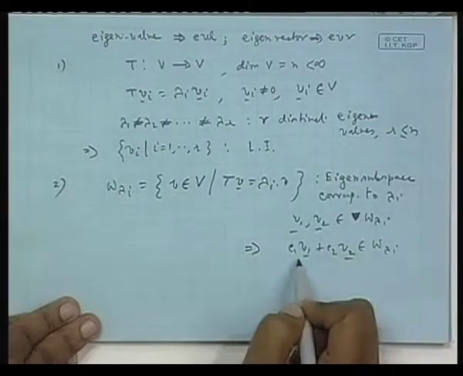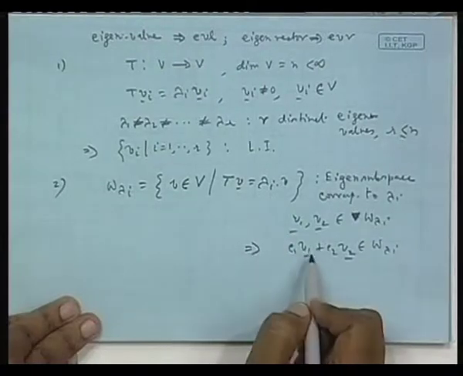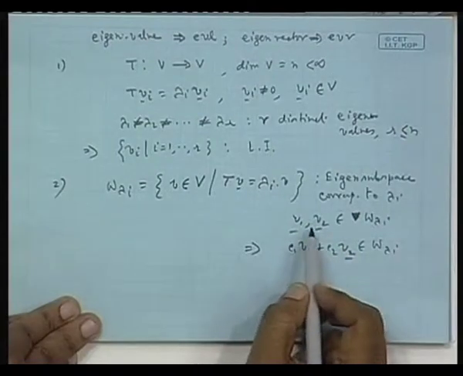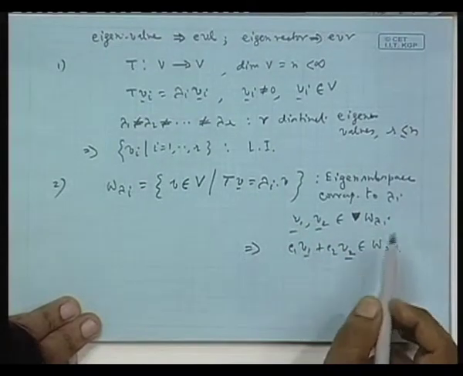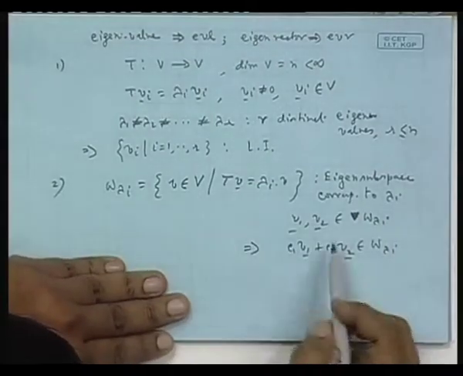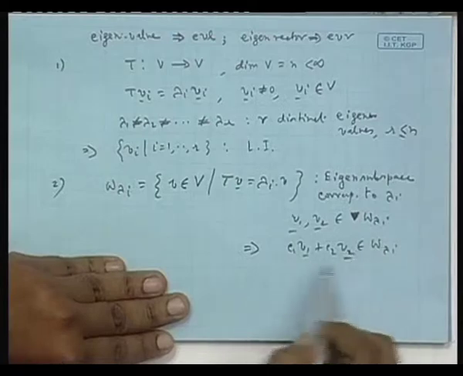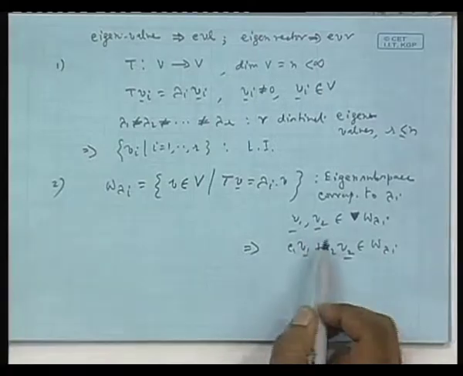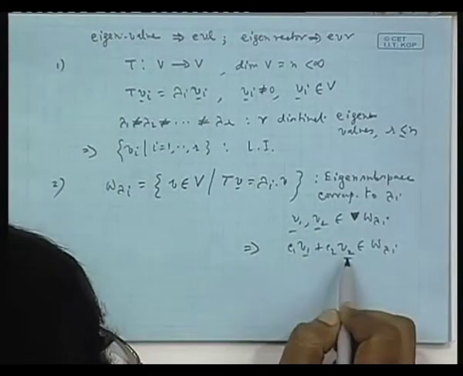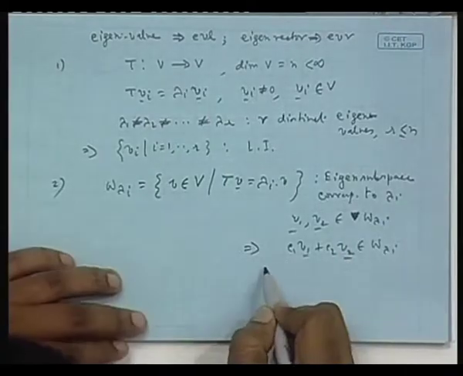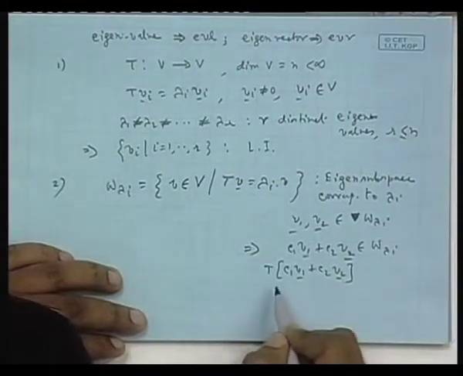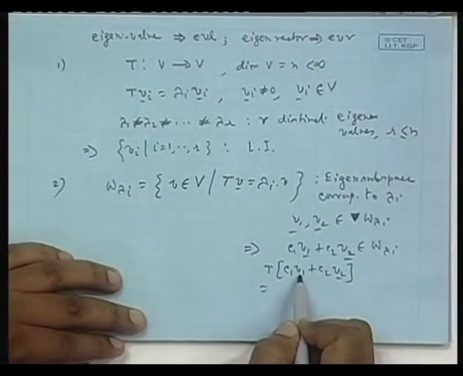If we apply T over this vector using linearity, T is working on V1 and on V2.